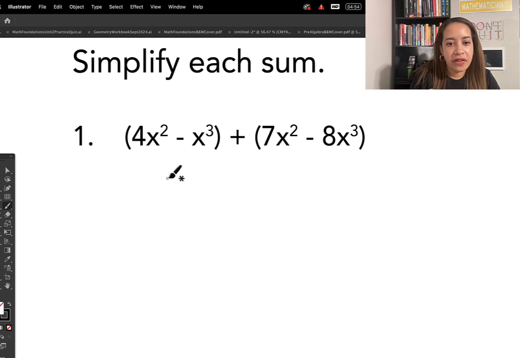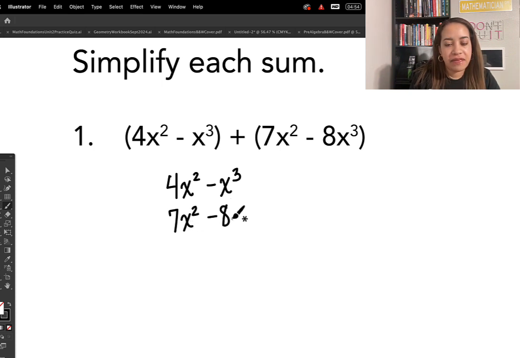We have 4x squared minus x cubed plus 7x squared, and our 7x squared matches with our 4x squared, minus 8x cubed.